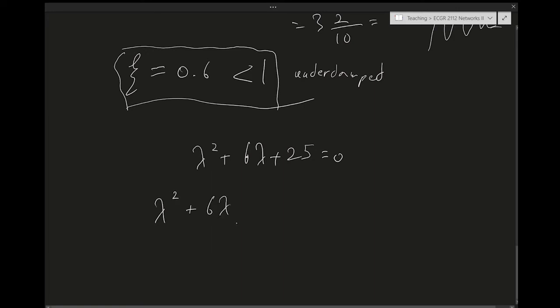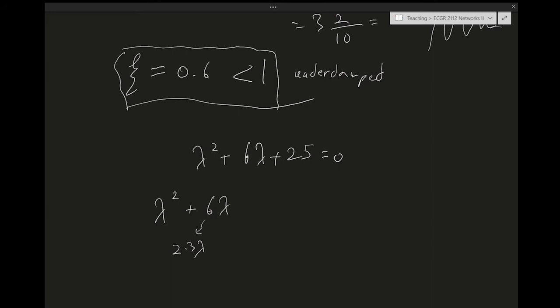So this is lambda squared. We can consider 6 lambda to be 2 times 3 lambda.